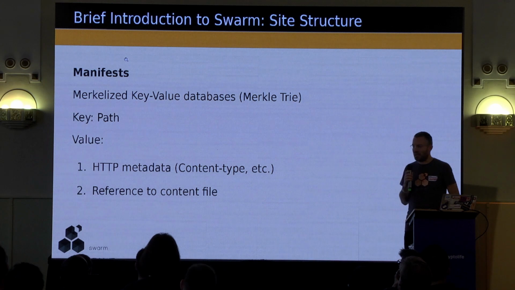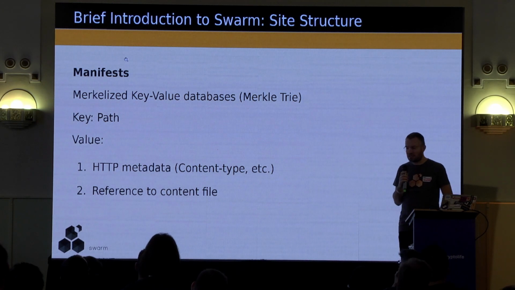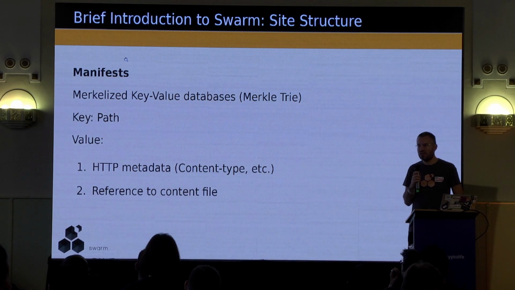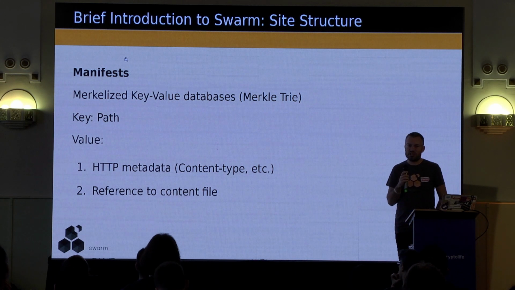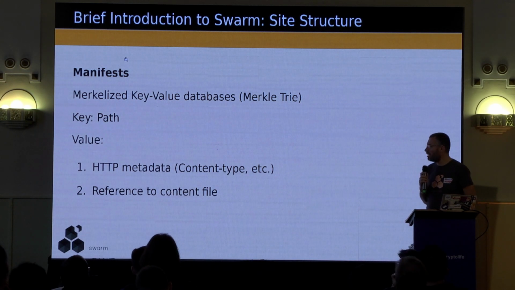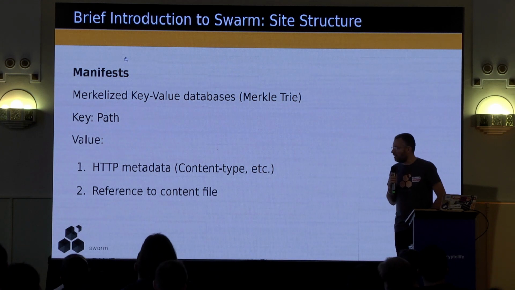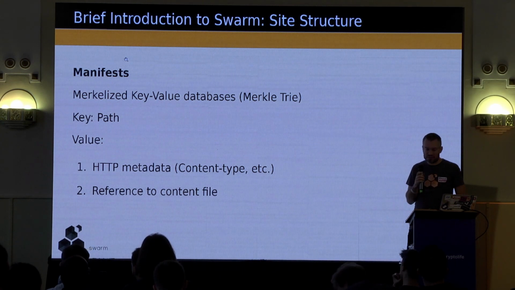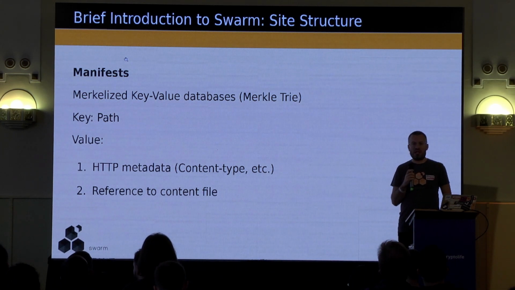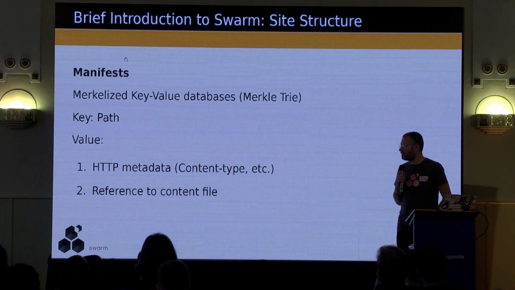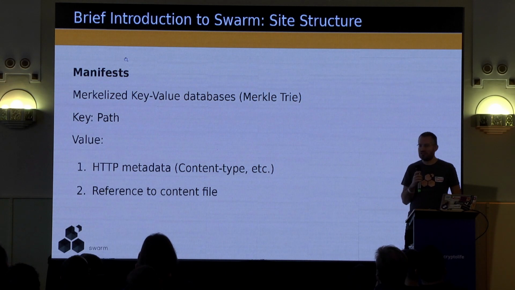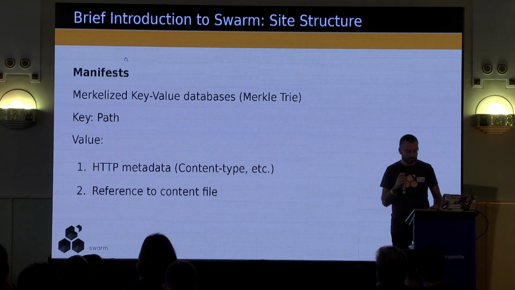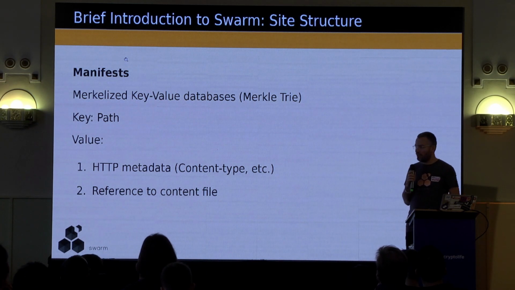As a bare minimum, the content type is required, but you can also add additional HTTP metadata to it. And the other thing is a reference to the content. In case of access-controlled content, here you have a reference that is encrypted. In the plain unencrypted Swarm, this is just the hash of the root chunk.